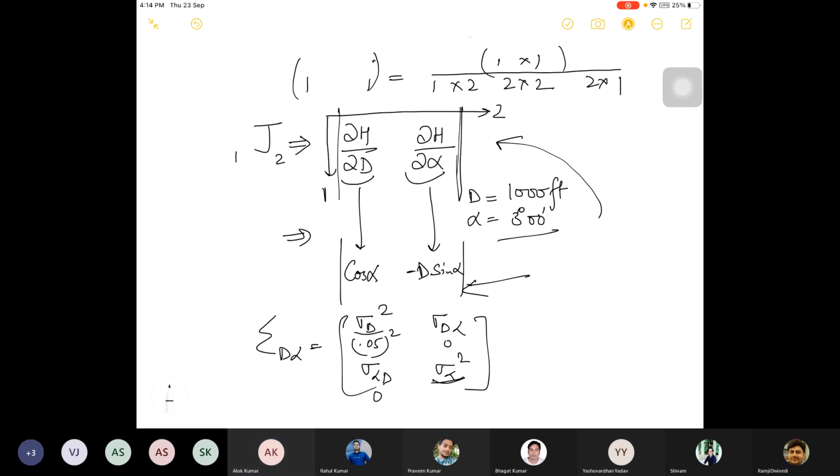First, you have the sigma alpha is 1 minute. You compute 1 minute, convert it to degree, then convert the degree to radian, then you put in this value.